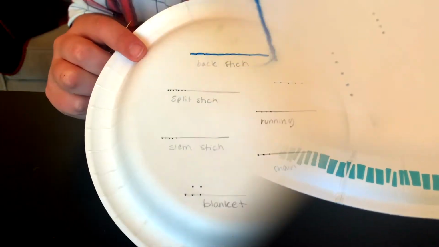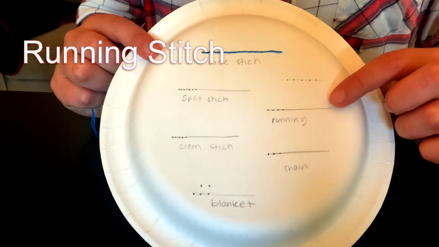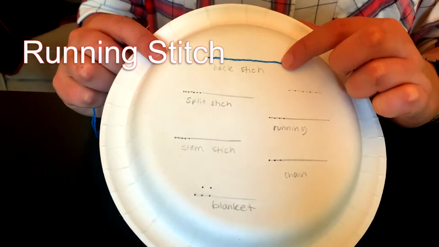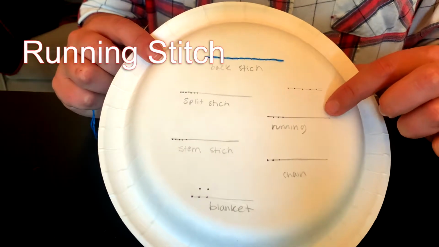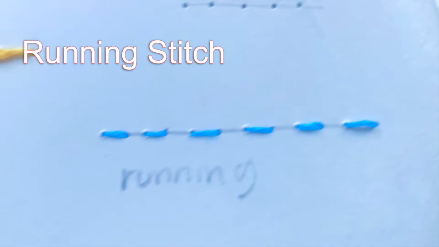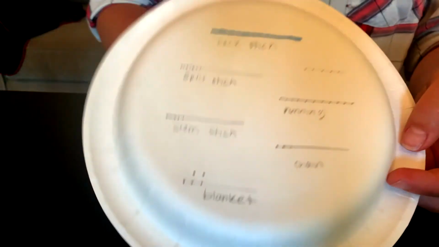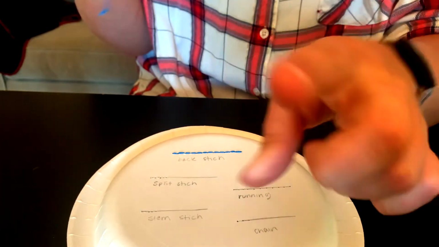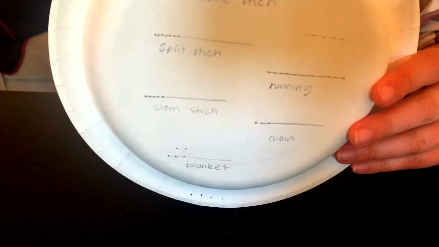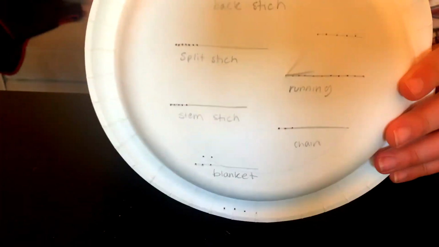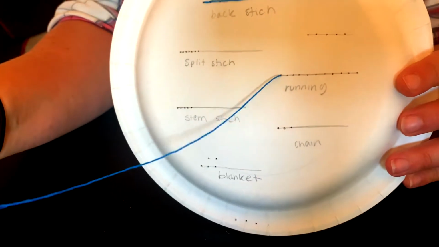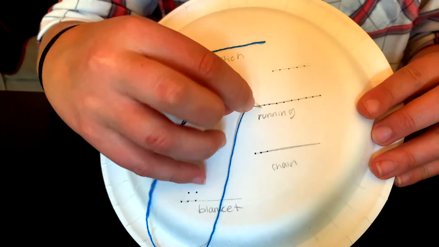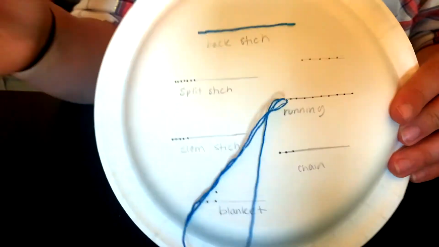And then you're done. All right, now we're gonna do the running stitch, which is similar to the back stitch, but it's gonna actually leave some spaces, but it's a similar idea. So I'm gonna just punch my holes, and then I'm gonna start in the same way. I have a little knot at the end of my string. I'm gonna go through the back, come out the front, and then I'm gonna go through the next hole.